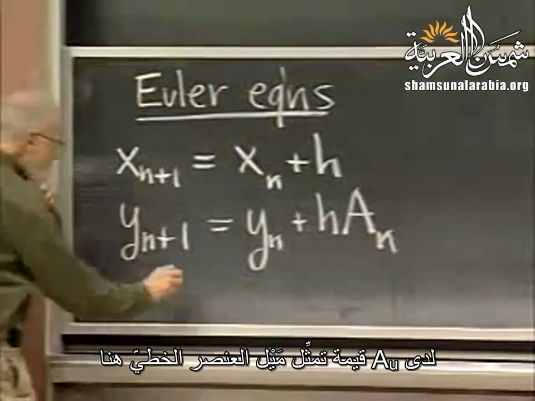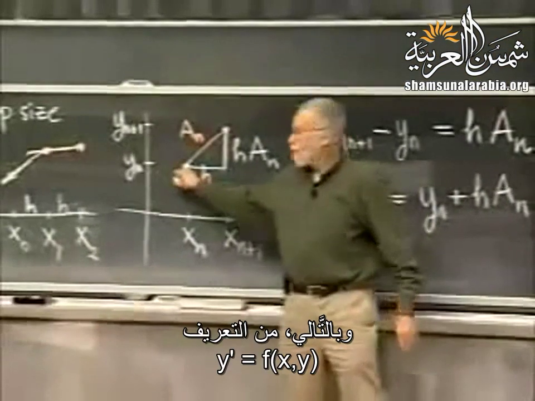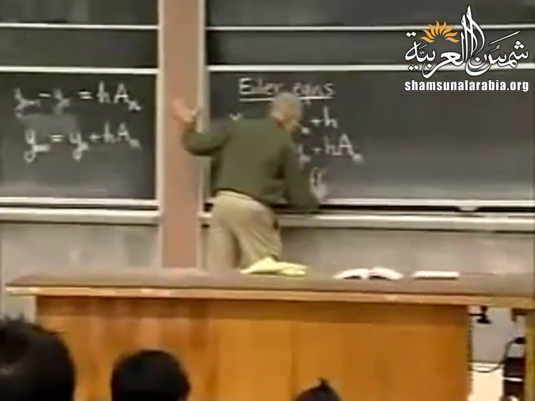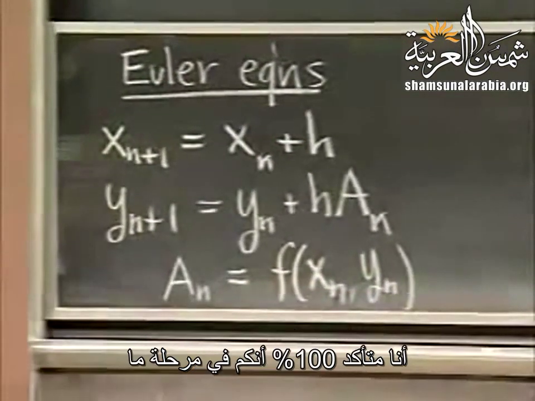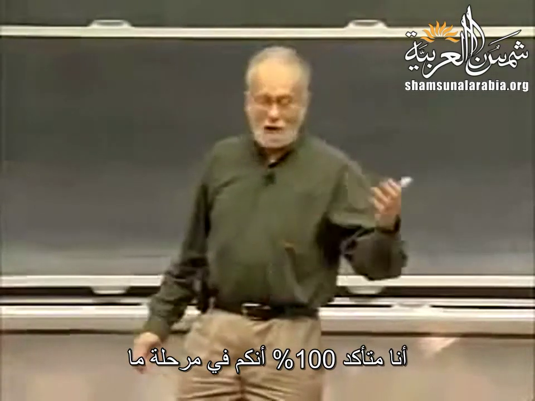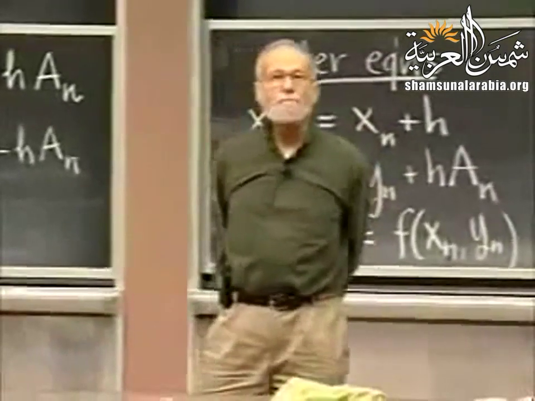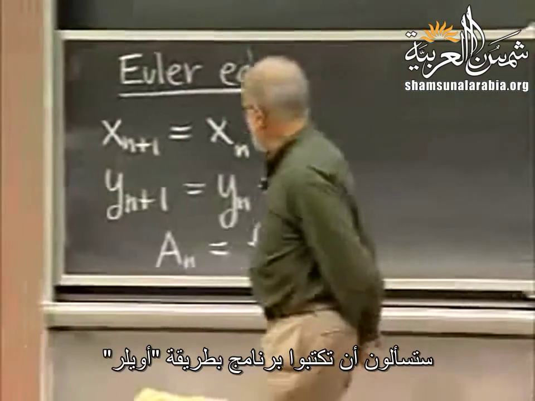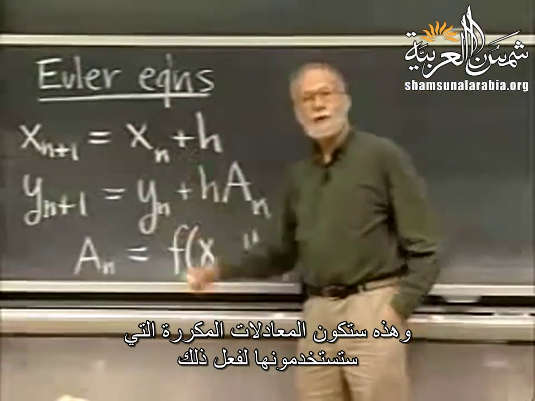And finally, an has the value of the slope of the line element here, and therefore, by definition, that's f of xn, yn. So it's these three equations which define Euler's method. I assume in 18.03 you must be asked, at some point, as an exercise in the term, to program the computer in C or whatever they're using, Java now, I guess, to do Euler's method. And these would be the recursive equations that you would put in to do that.